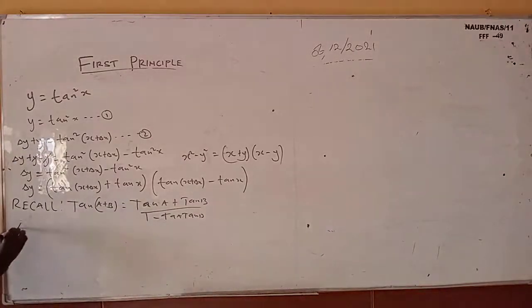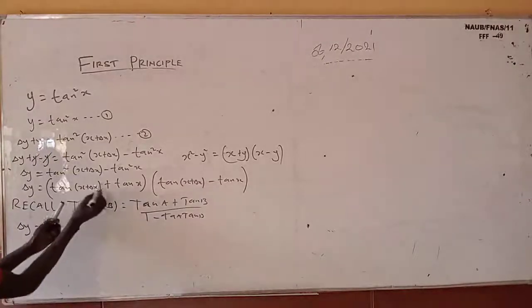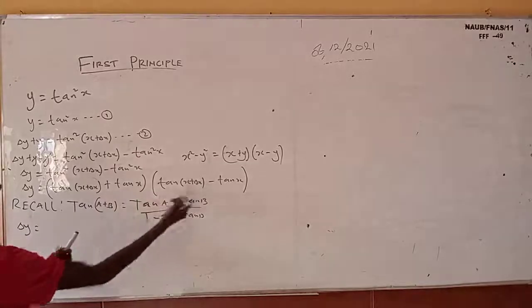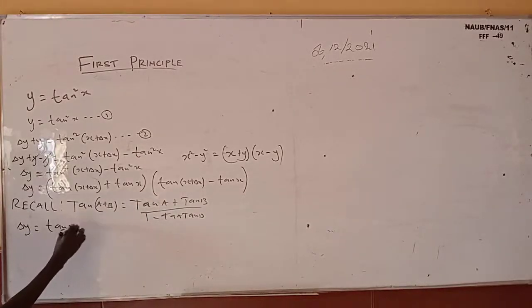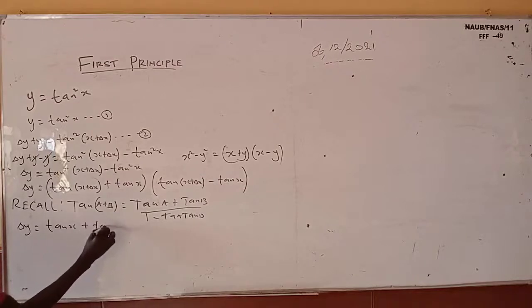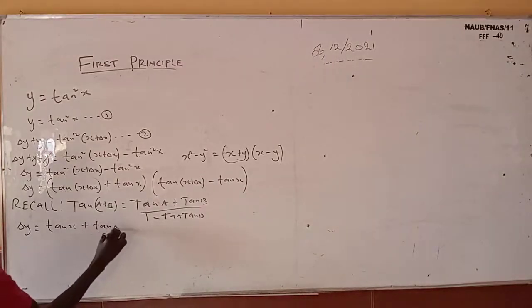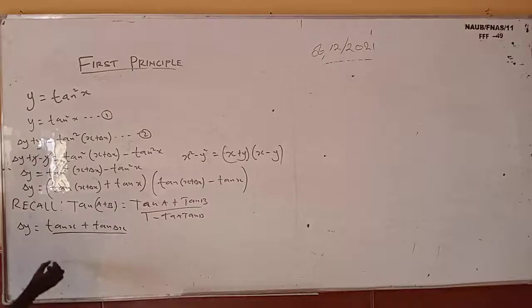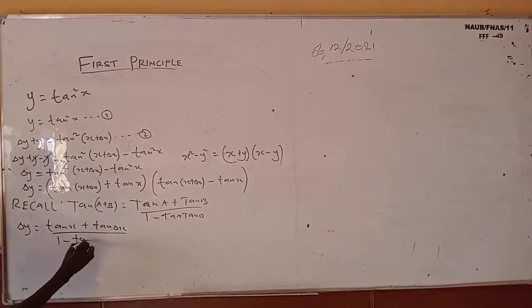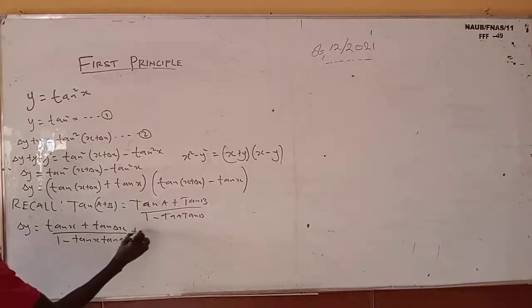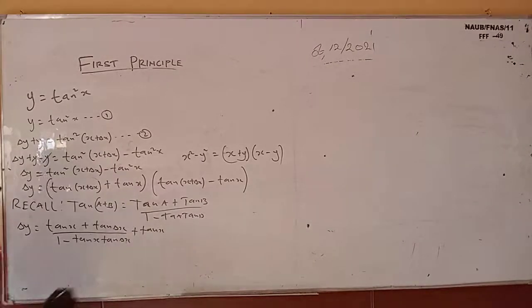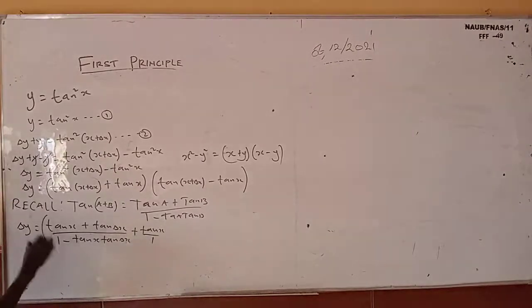So it means that change in y will be equal to, I'm going to apply this here now. So we are going to have tan s plus tan change in s all over 1 minus tan s tan change in s, plus tan s, put this all over 1.